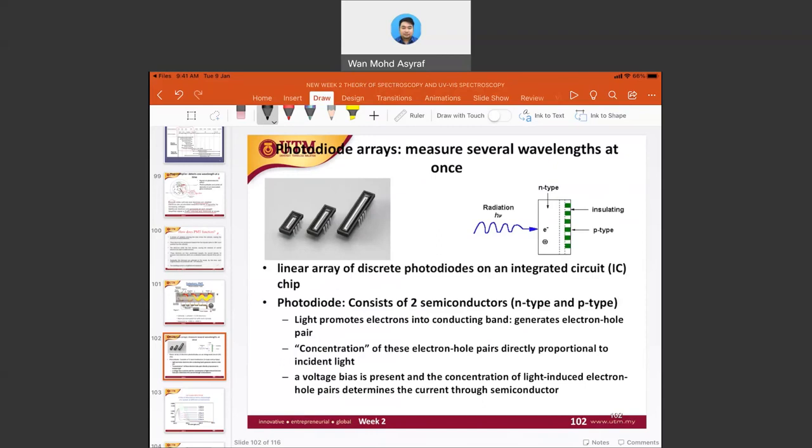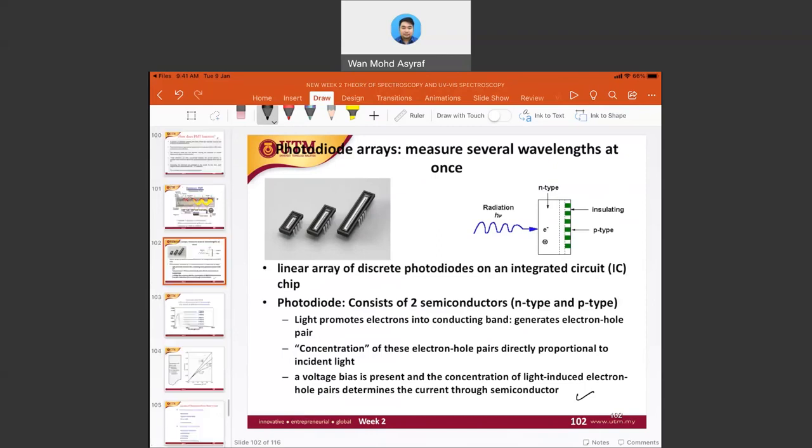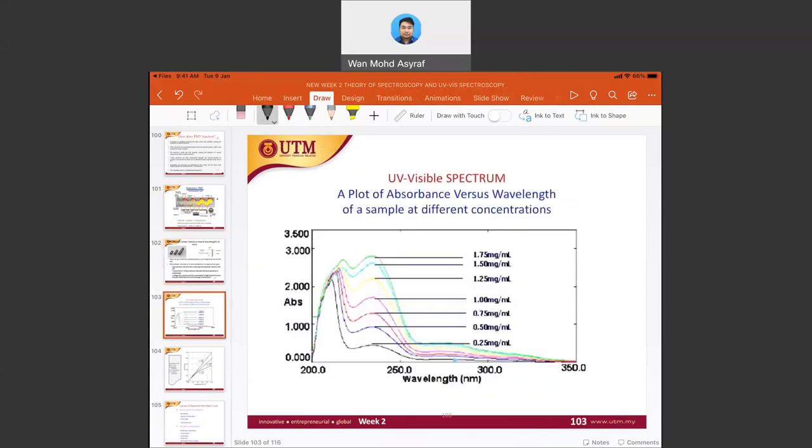It will produce a voltage, and the concentration of the light-induced electron holes determines the current through the semiconductor. This is how photodiode arrays measure your wavelength.